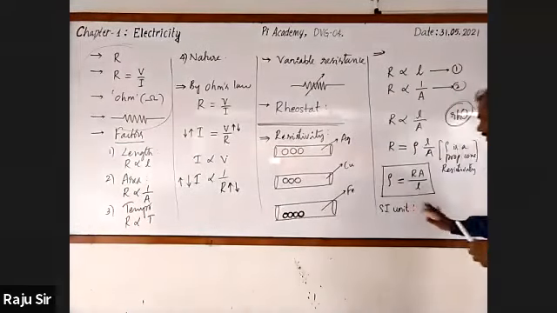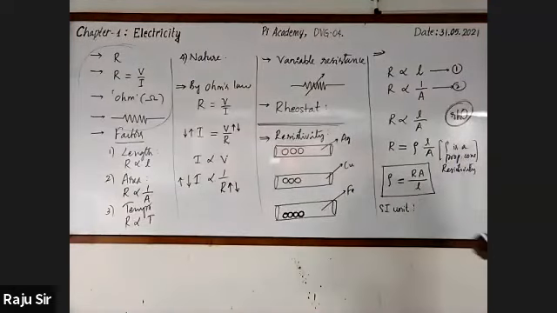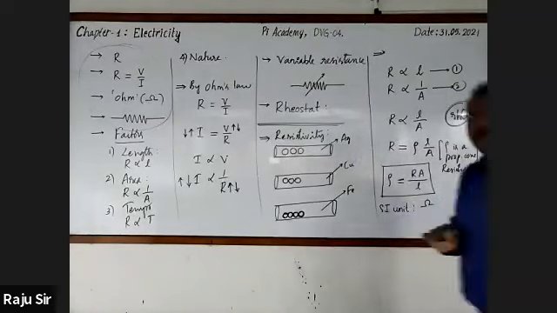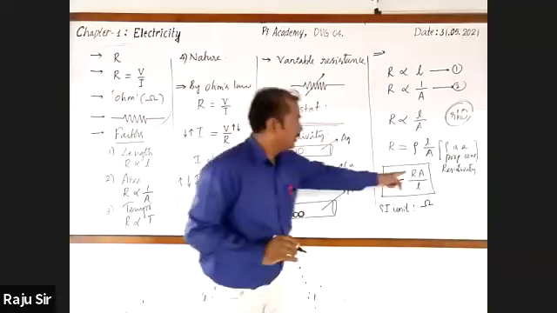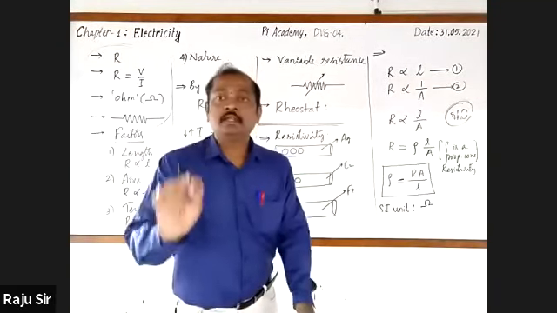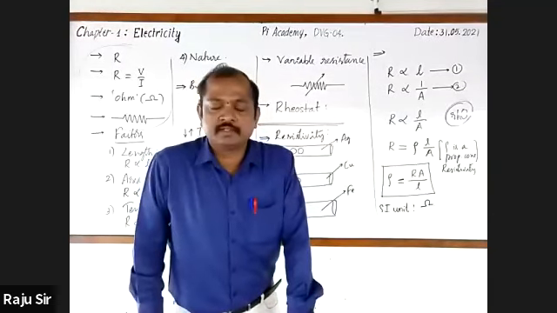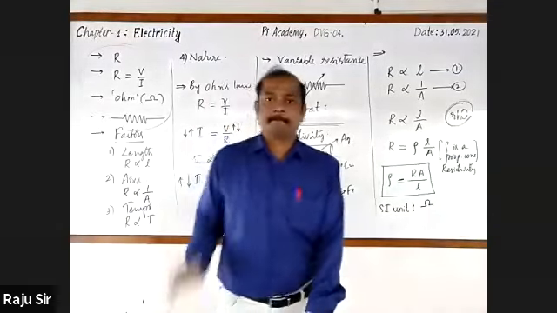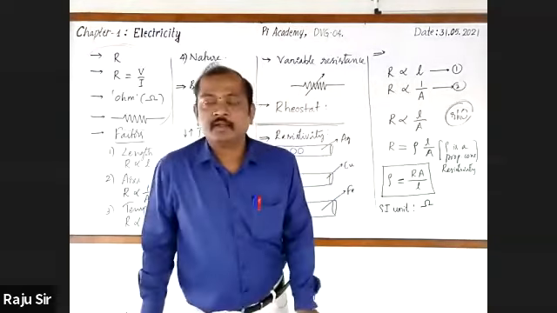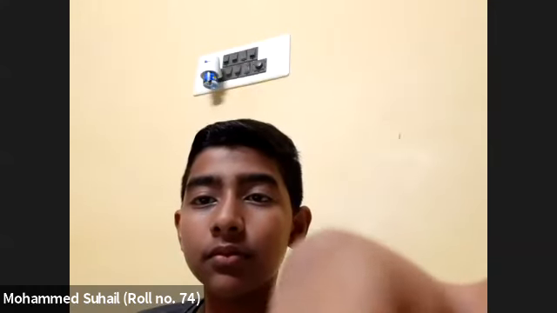Just look here. You all know that we have some physical quantities. R is electric resistance. Its SI unit is ohm. A is area of cross section of the conductor. SI unit of area is meter square.